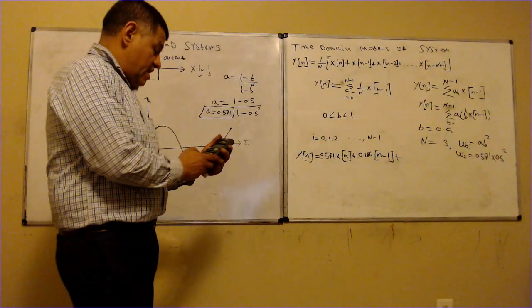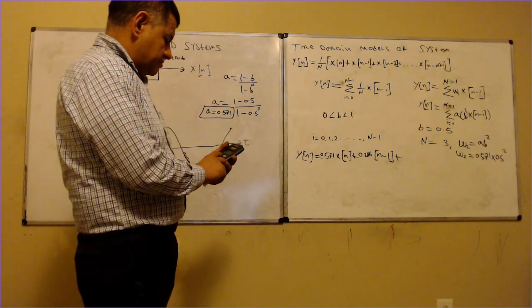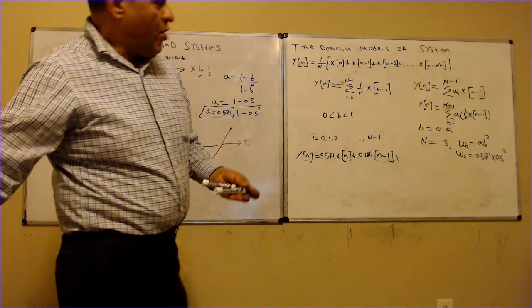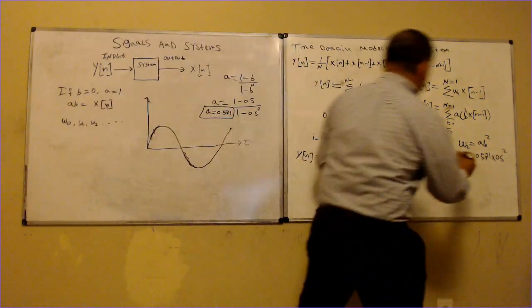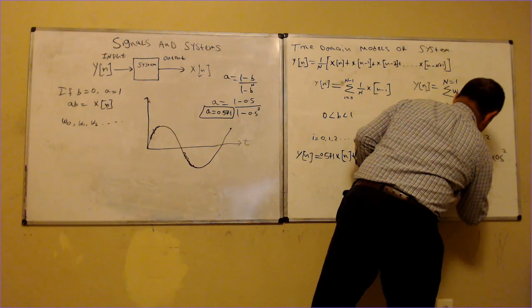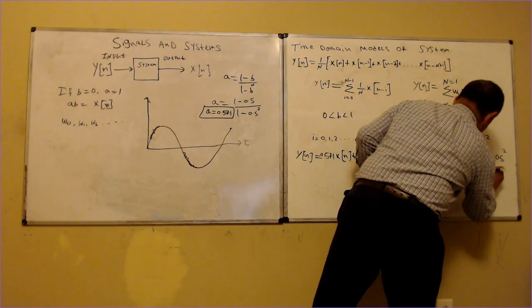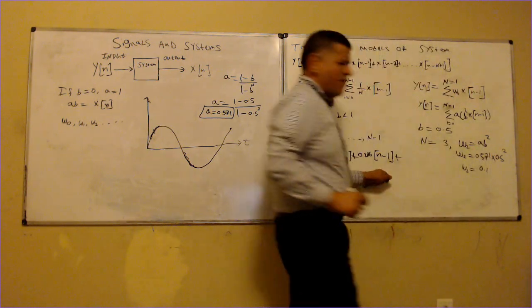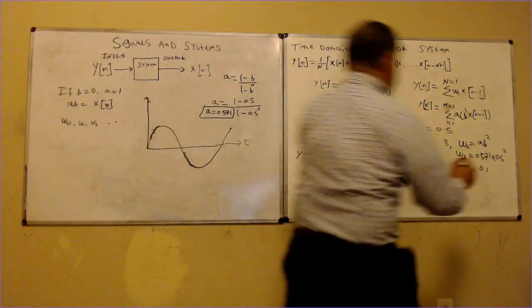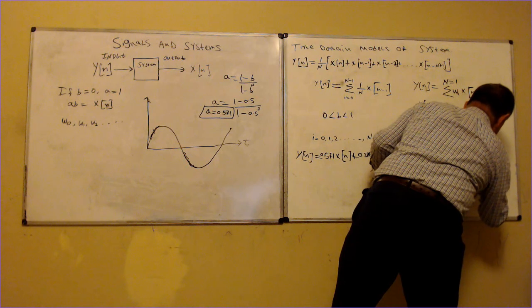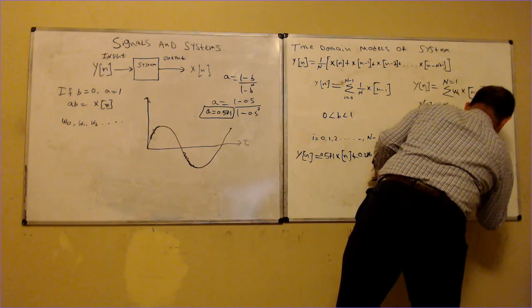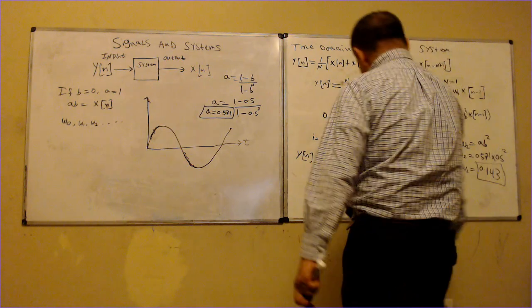So then W2 is going to be equal to 0.143. 143, right? That is the next value.